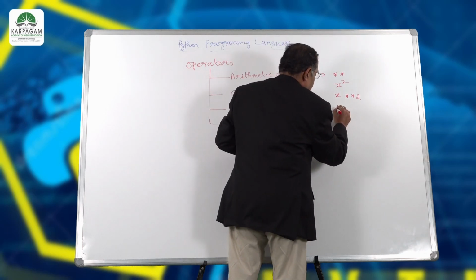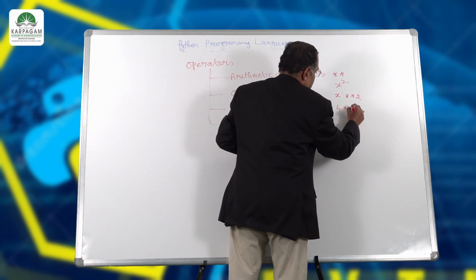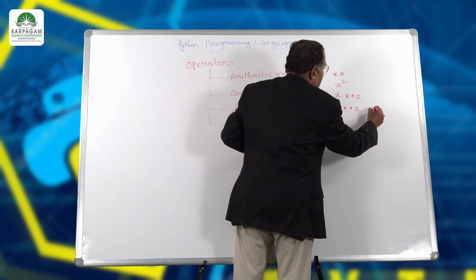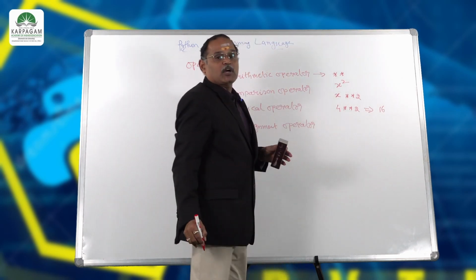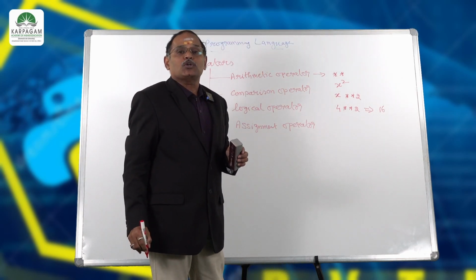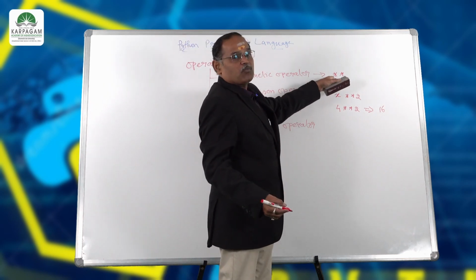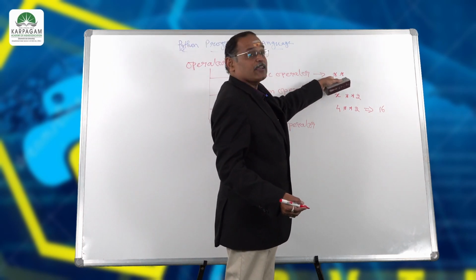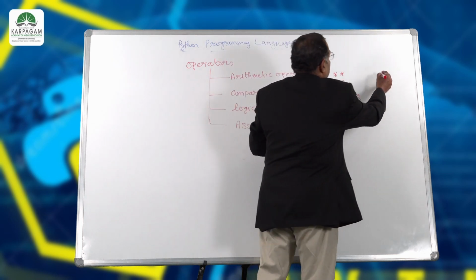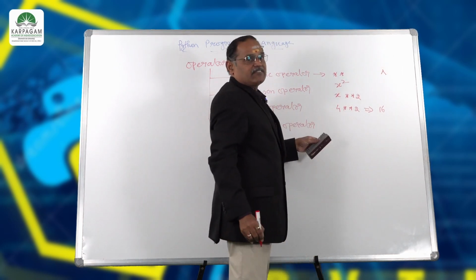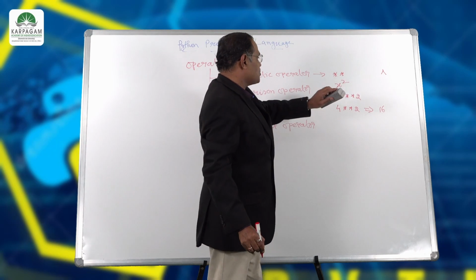If x is 4, then x double star 2 gives the output 16. I don't need to go for power functions. This is one benefit here: like the BASIC language, we have exponentiation.